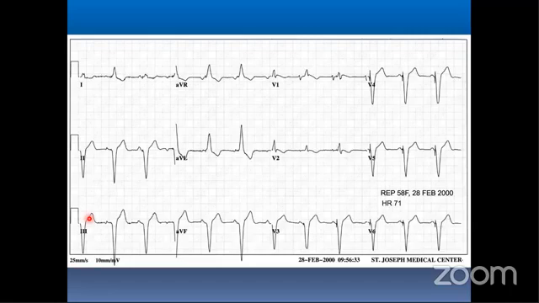P wave is normal, and after the P wave there is the paced rhythm before the start of the QRS. QRS is wide complex with LBBB type morphology, and QT looks normal, and ST and QT duration is normal, sir.